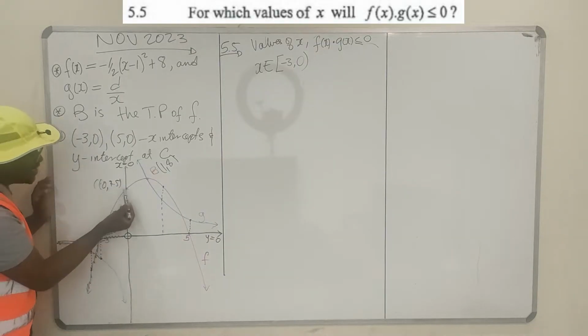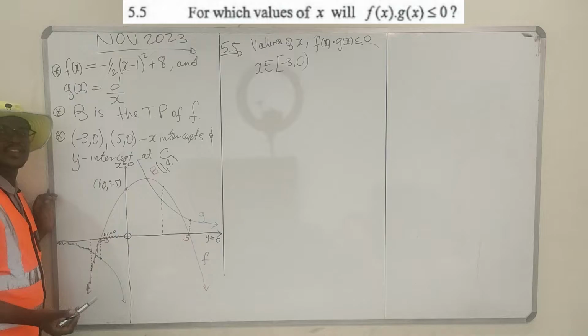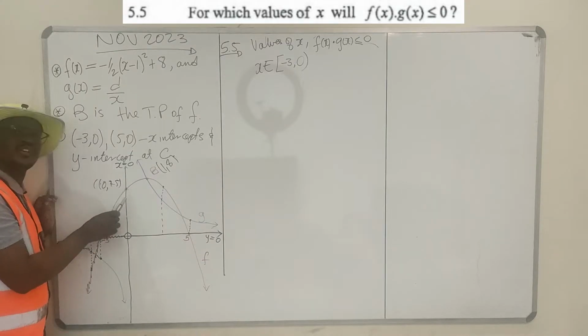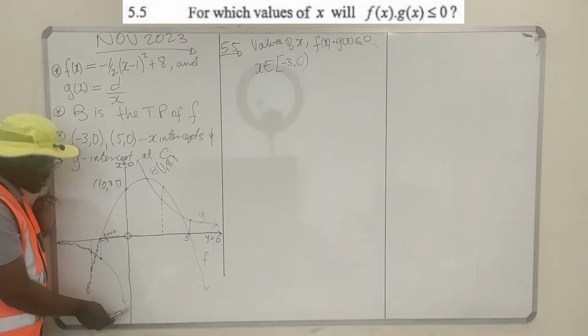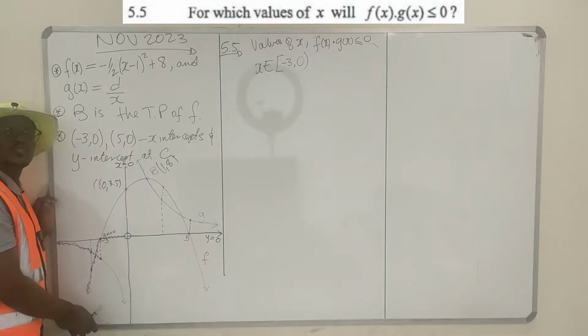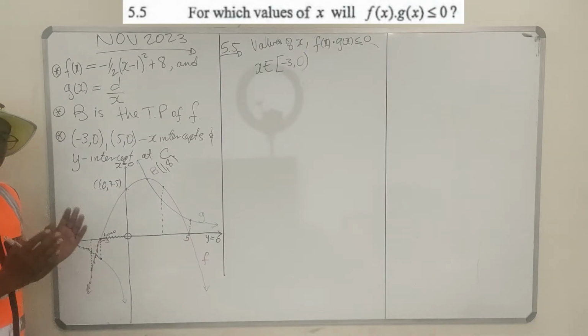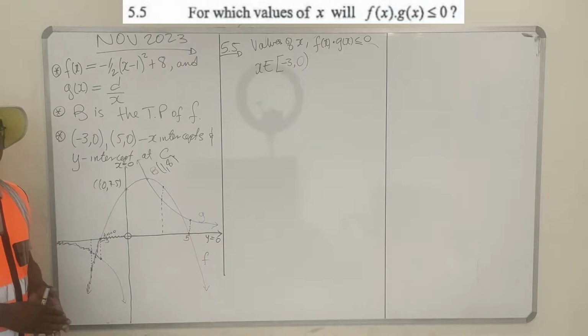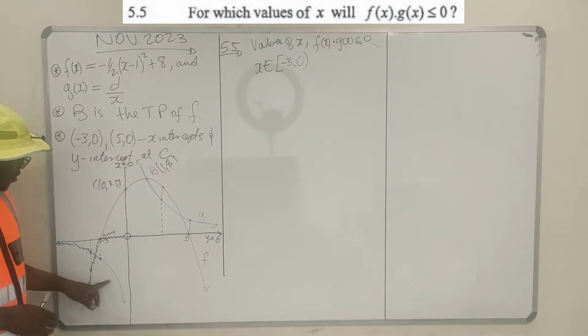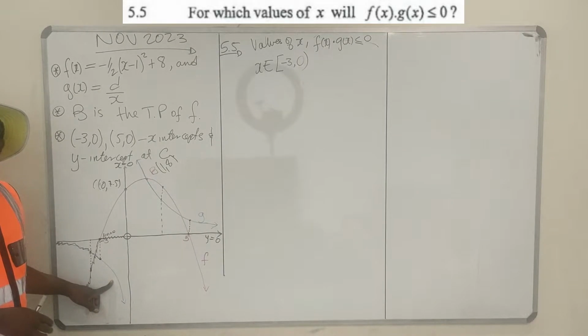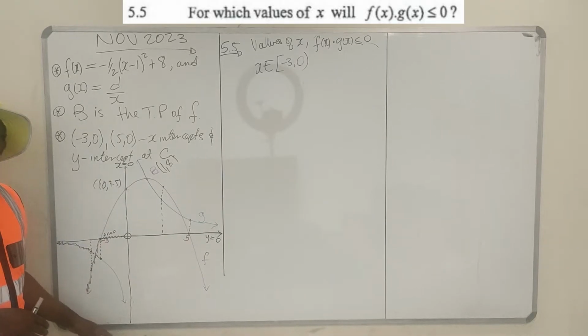So this 7.5, what are we going to multiply it with? There's no corresponding y value for g. So you will only multiply on the interval where they're both defined. You know that g is not defined at x equal to 0 because you have your vertical asymptote there.